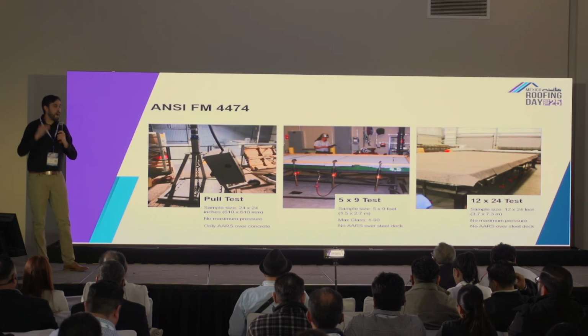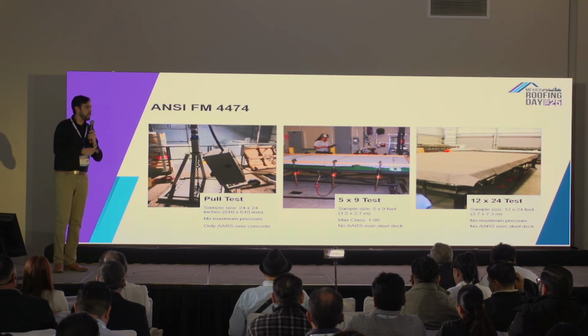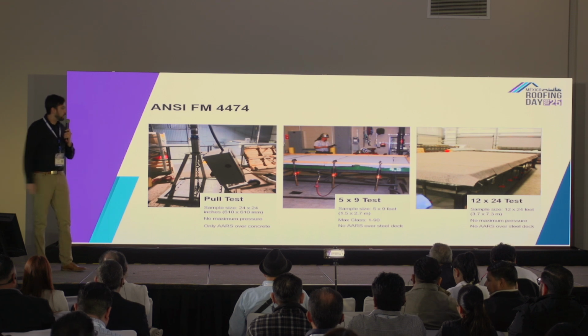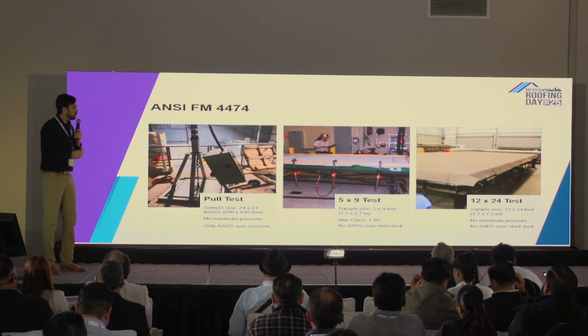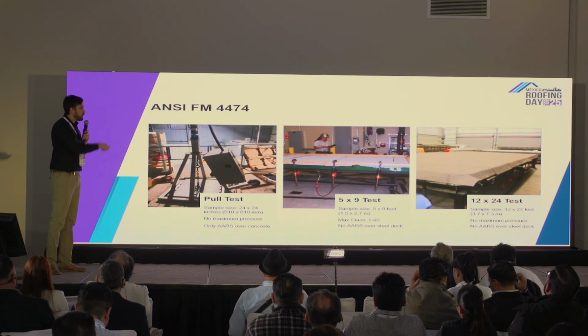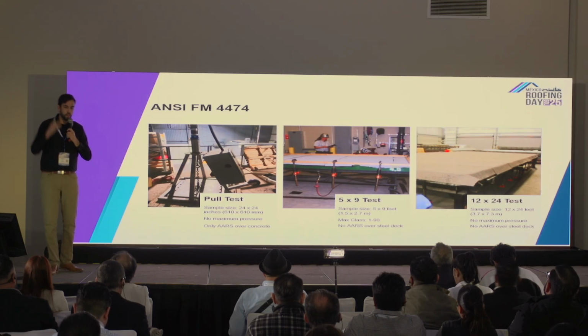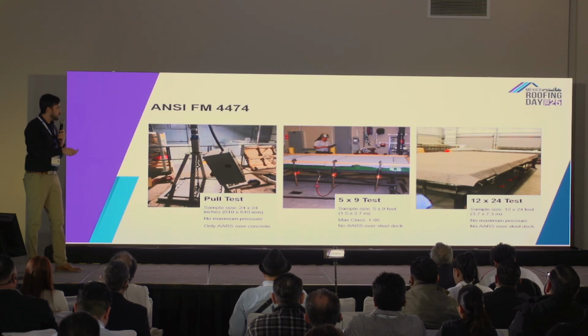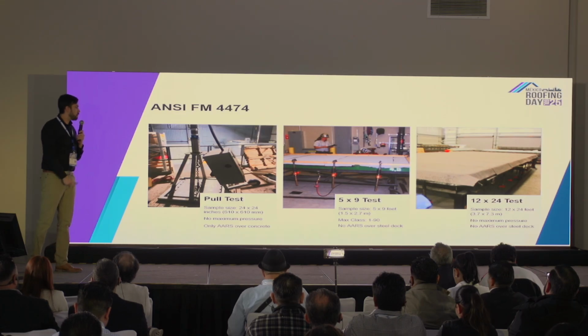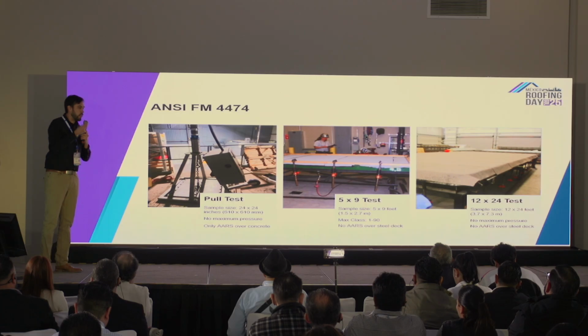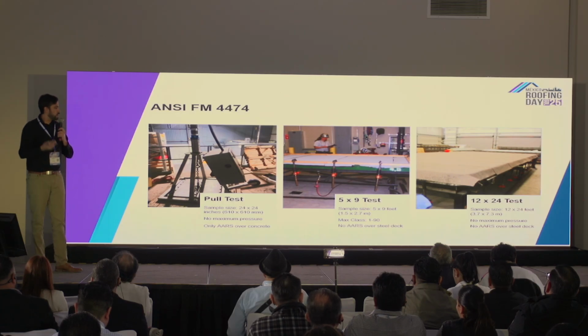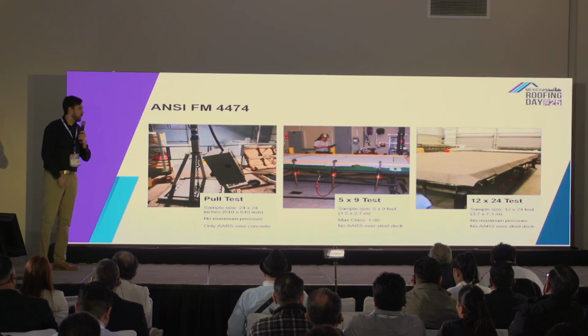If you want to go higher than that, you're going to go with the 12 by 24 test. Those are not, by the way, the real names of the test under the standard. It refers to the size of the sample, but bear in mind that the 12 by 24 is to get a higher wind resistance or wind uplift pressure.